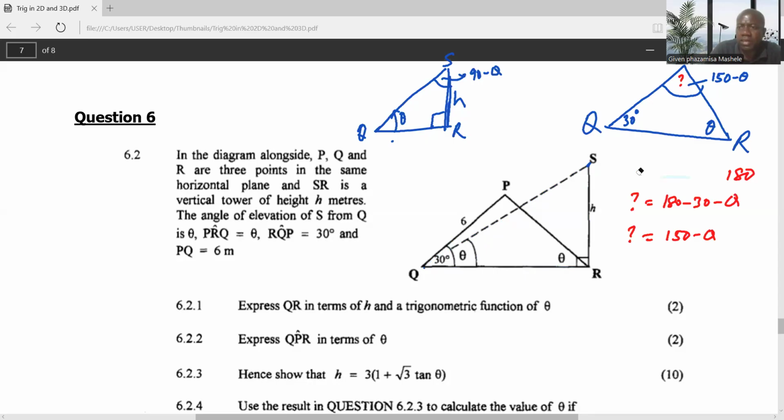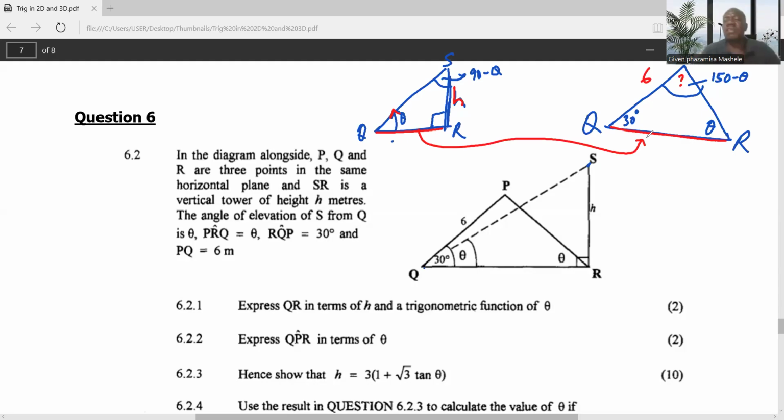Right, let's now check something. The length of PQ, they gave us that from P to Q, it's 6. So let's write this 6. It's 6, and there's H. Number one, as a rule, as a norm, let's look for a common side. QR is in this triangle, and QR is also in that triangle. So this is one of the most important sides to consider, because it will assist us to move from one triangle to another.